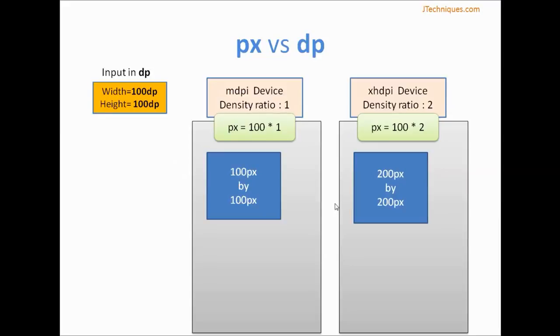And when we display the same app on a double density device, that is XHDPI device, the density ratio is 2, so Android will calculate the pixels by multiplying DP value into density ratio. In this case, 100 into 2 is 200 pixel. So the view would look something like this. As we can see on both the devices, our app would look very similar. When we are designing our user interface, it is always recommended to use DP instead of pixels.